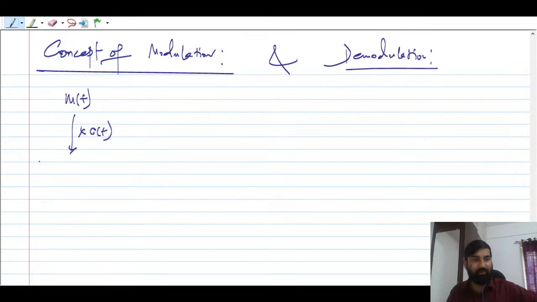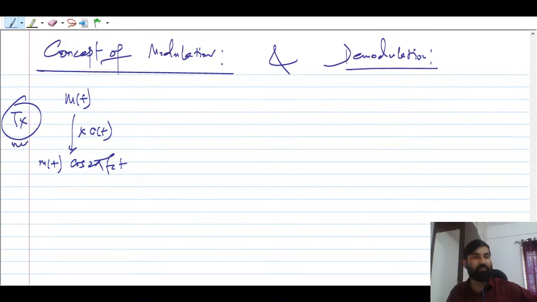You will get here MT cosine 2 pi FCT, right? Just forget about the amplitude of the carrier signal, that is 1. You can take AC here, no problem. This is called modulation. And where do we perform modulation? At transmitter, right?